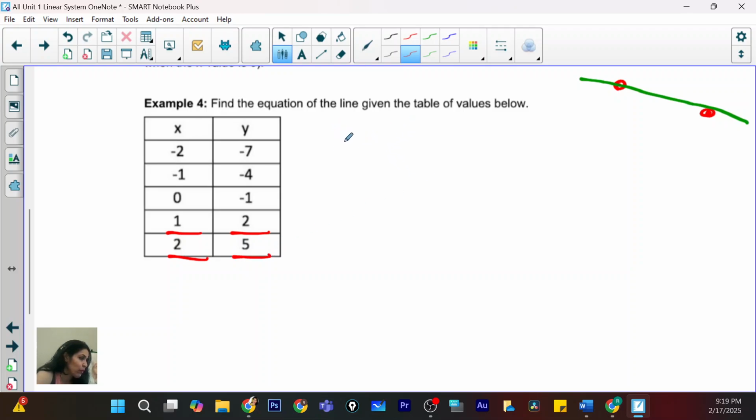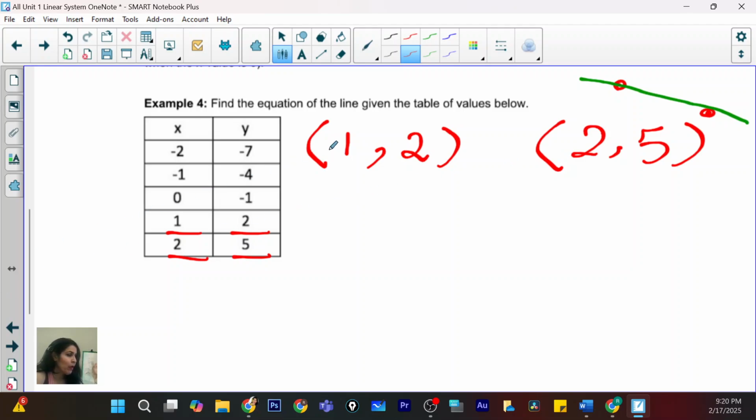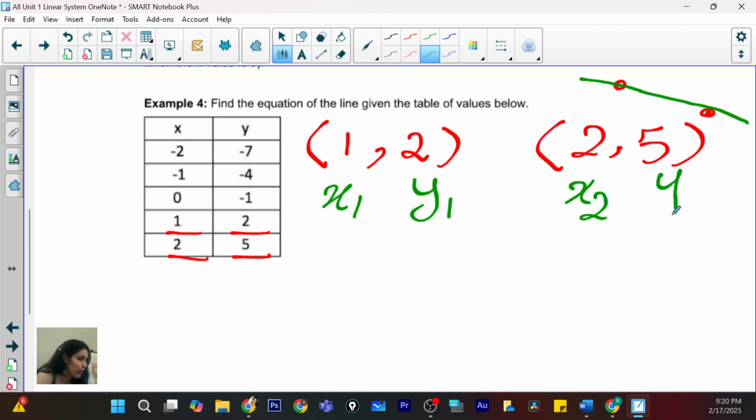So my 2 points is 1, 2, and 2, 5. I'm going to label that this one is x1, 2 is y1, this is point 2, x2, y2.